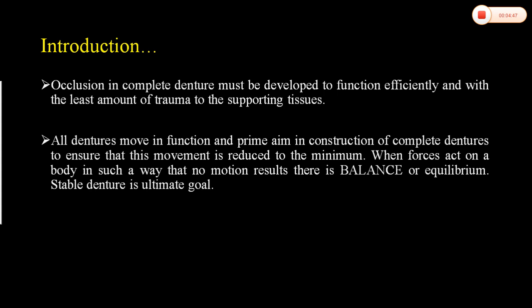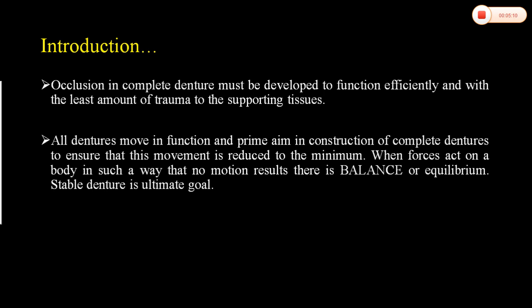So occlusion in complete denture must be developed to function efficiently and with the least amount of trauma to the supporting tissue. The masticatory load that is generated will cause trauma to the tissue, but the trauma has to be minimized by controlling the masticatory load. This is our main goal.